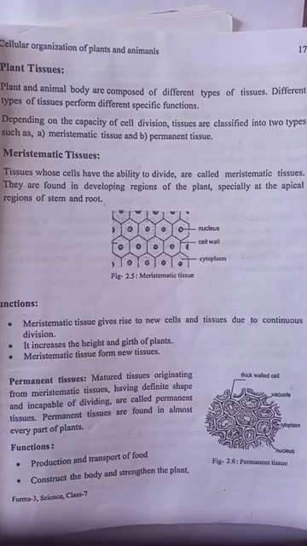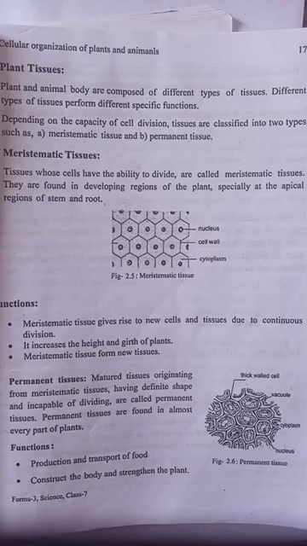Function: production and transport of food. They produce and transfer food from one place to another, one organ to another, from root to shoot, from root to leaves, like that. They construct the body and strengthen the plant. Construct the body properly and strengthen the plant. And they make the plant rigid, hard and straight, strong enough.